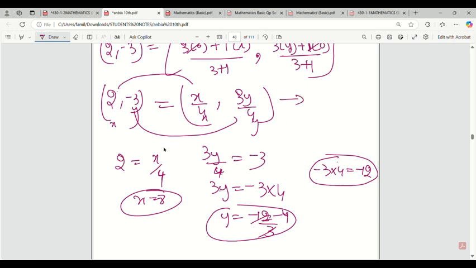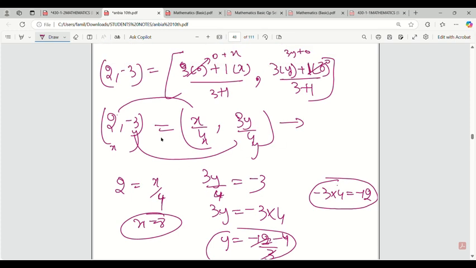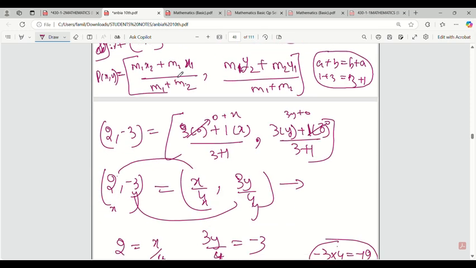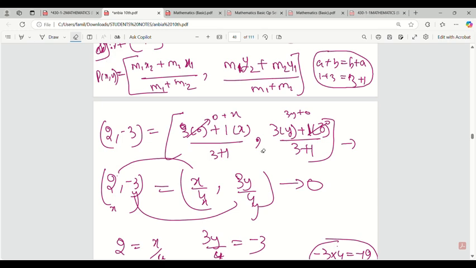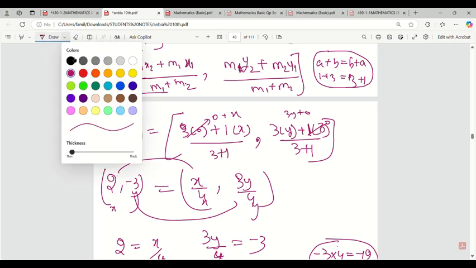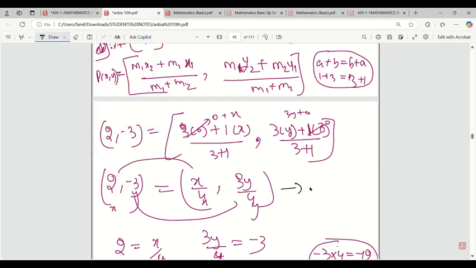How to see whether they are correct or not? Substitute the values in this equation and check it out. Substitute the values here in this equation, or if you want you can substitute the values in the other equation too. Better you go with this equation. I'm not marking them, but if you want you can still go with that.